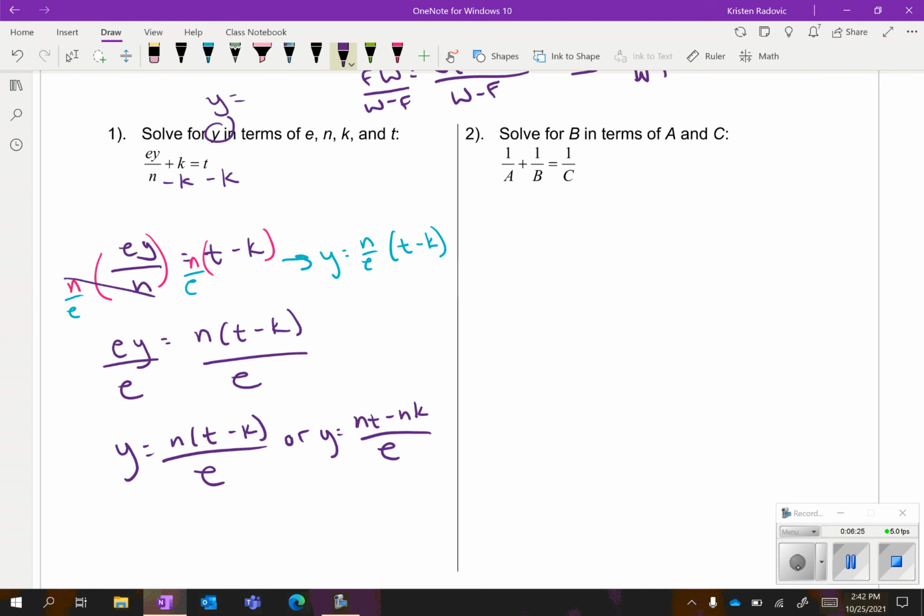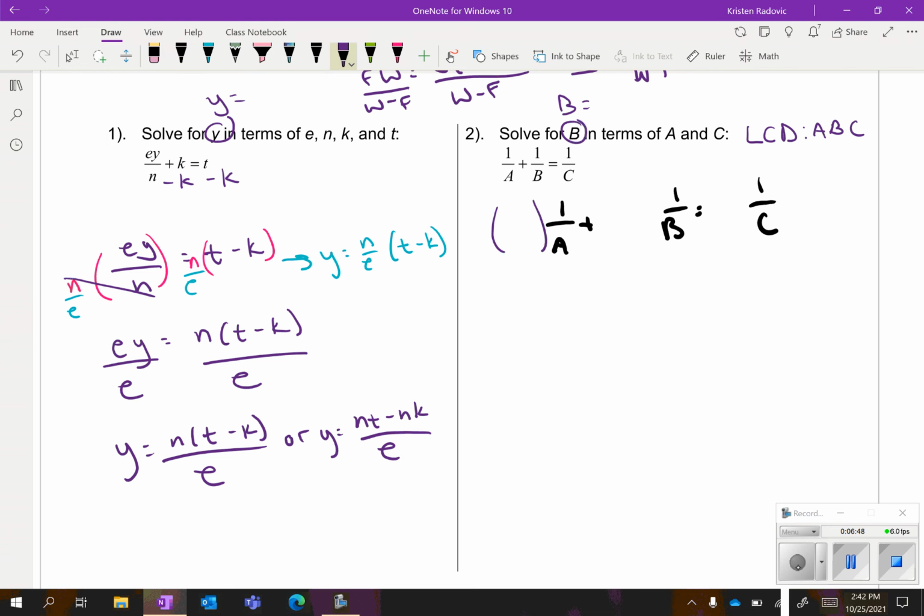Last one we're going to do is problem number 2. We want to solve for b, so we're getting b equals. My LCD is just the combination of everything I see in the denominator, which is ABC. I take my equation and multiply each piece by what's missing.